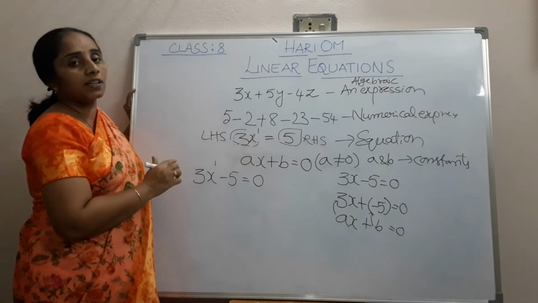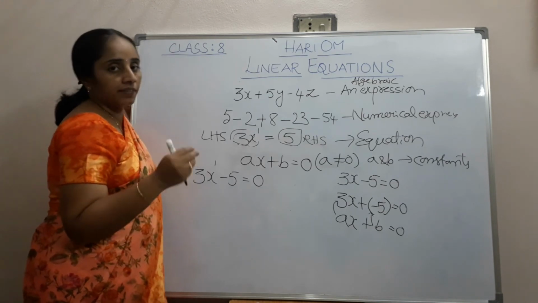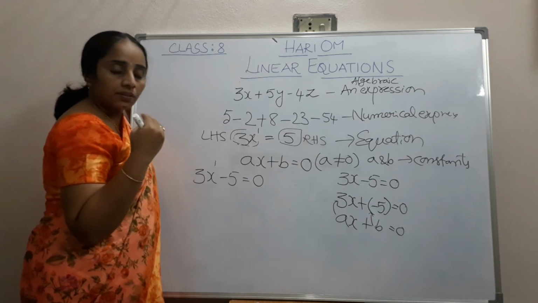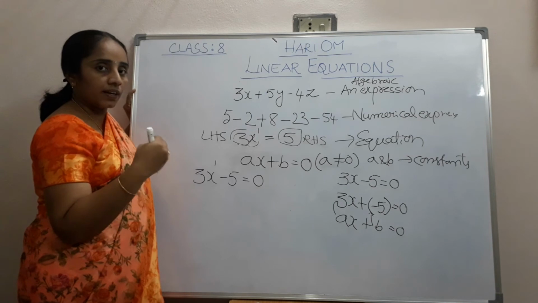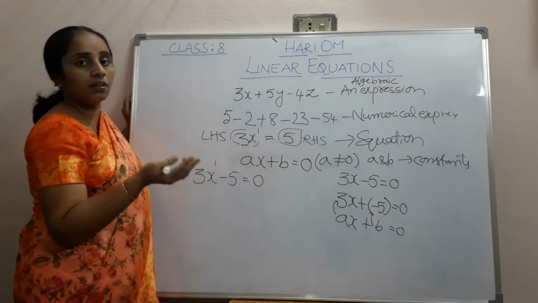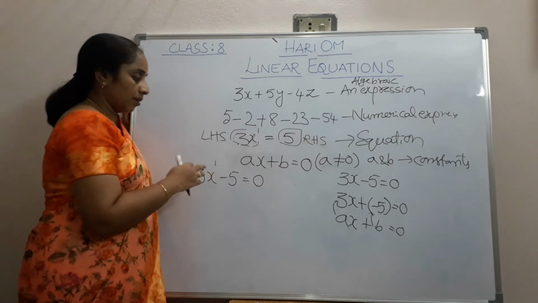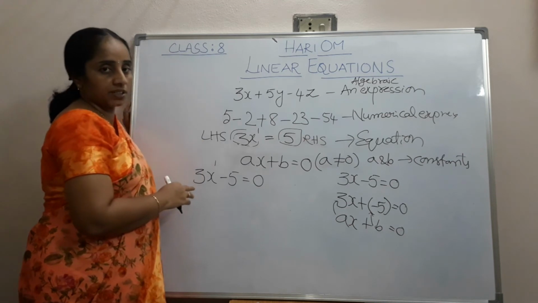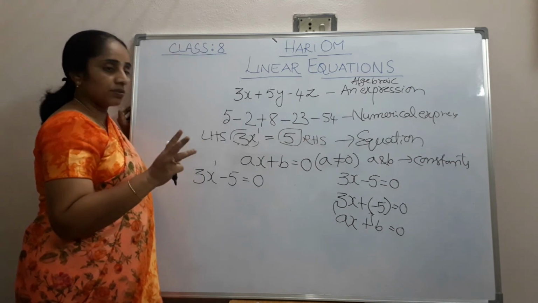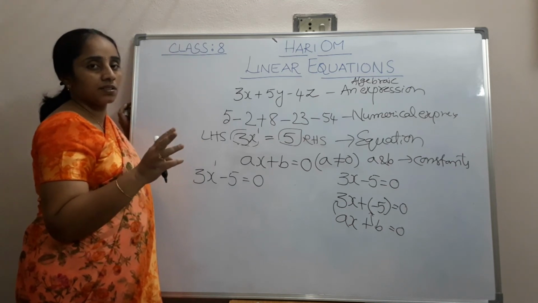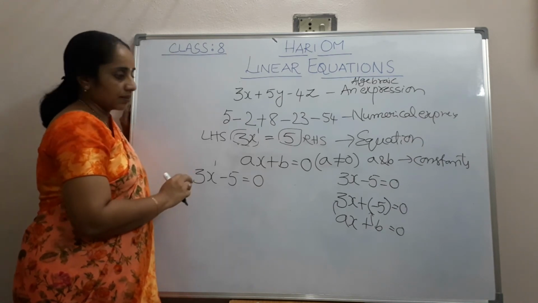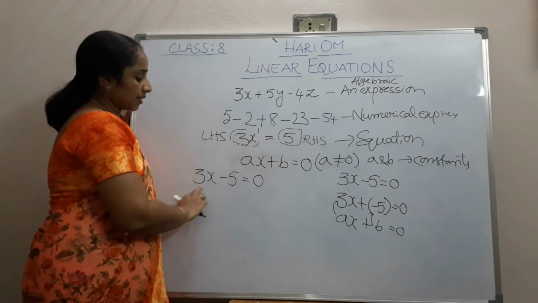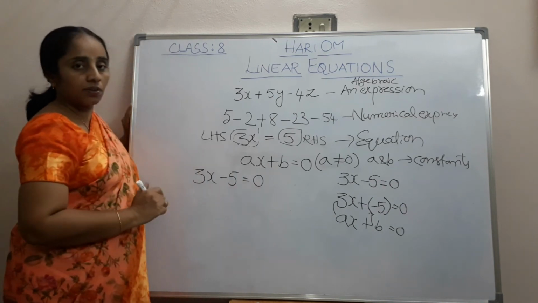How we can get that value is by simplification, and that simplification is in 3 ways. You already learnt that simplification in your 7th class, I think, how to solve equations by using 3 methods. One is the guessing method. Here 3x minus 5 is equal to 0.